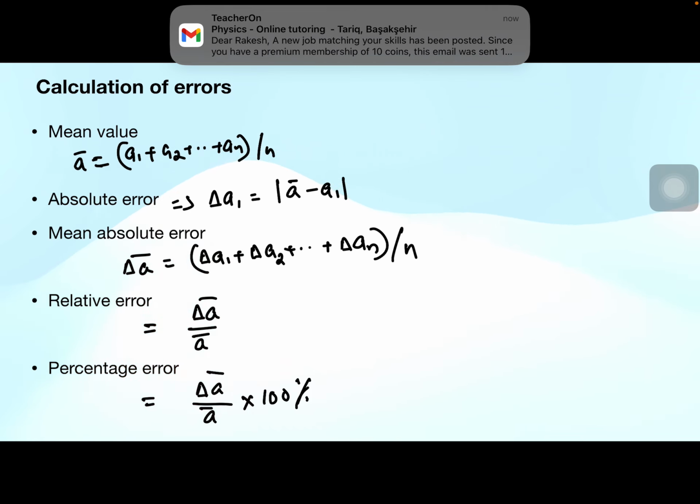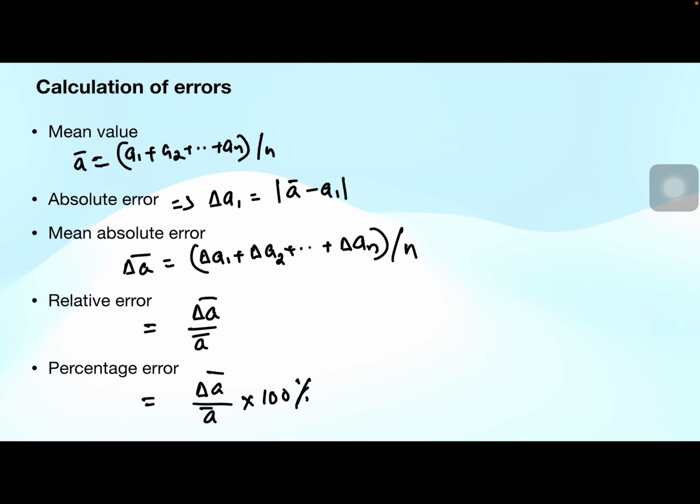Now the term relative error. Relative error is the ratio between the mean absolute error and the mean value. If it is expressed as a percentage, then it is known as percentage error.